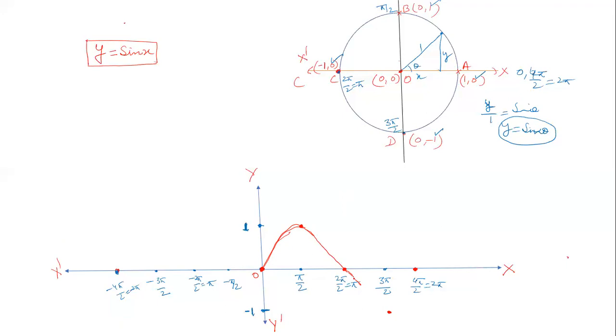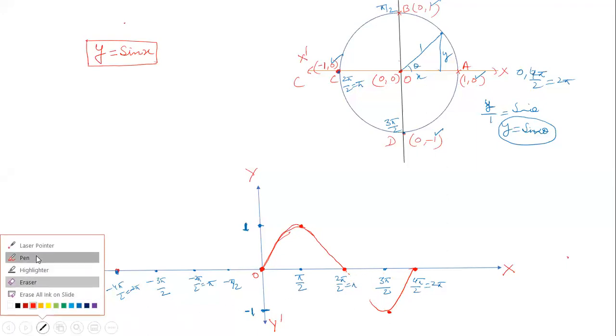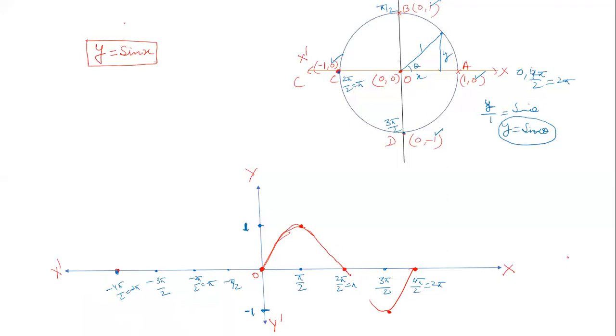We will not take a straight line, we will try to join them in the form of curves. We can see over here, a curve like this, a curve like this.